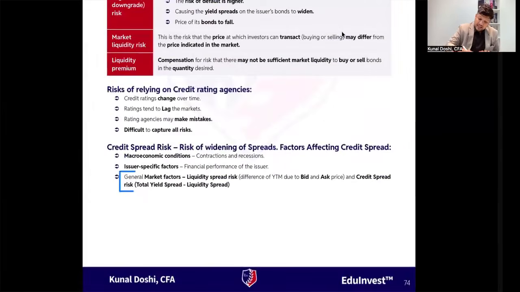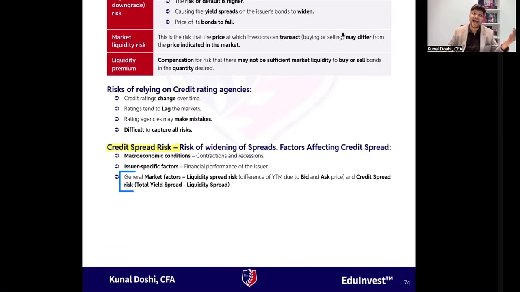Now, the credit spread. What is the spread? We already discussed what the spread is. Spread is the difference between your bond's YTM and the benchmark. Actually, the total yield spread is divided into two parts. We did the G spread, right? So total yield spread is due to what?